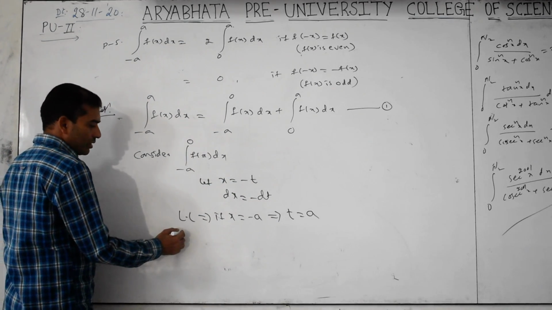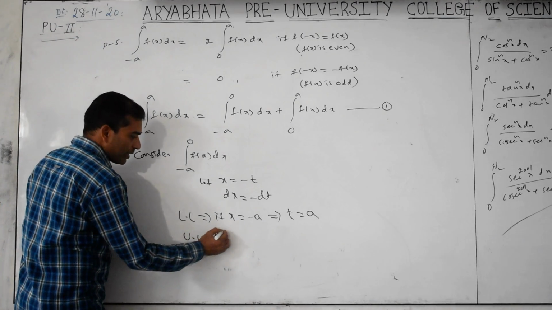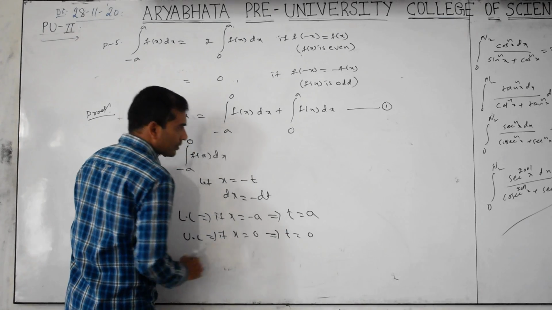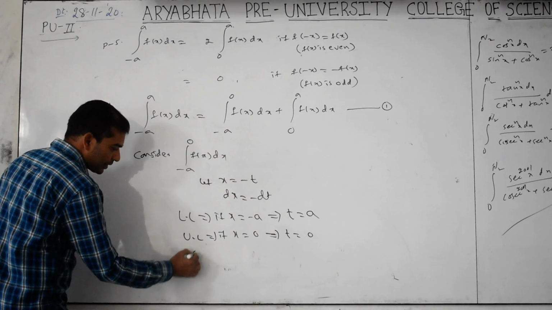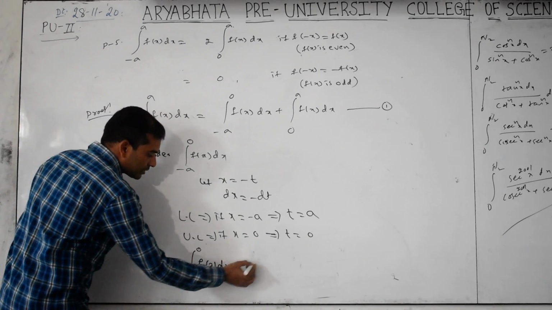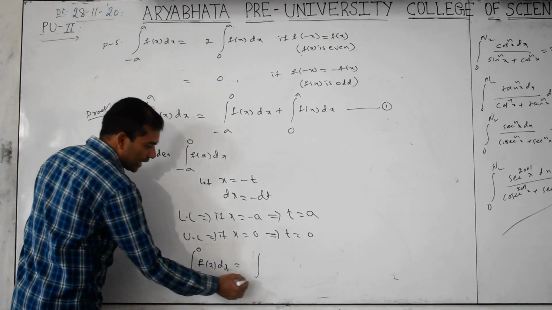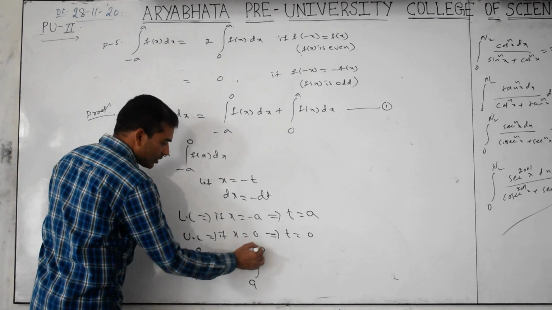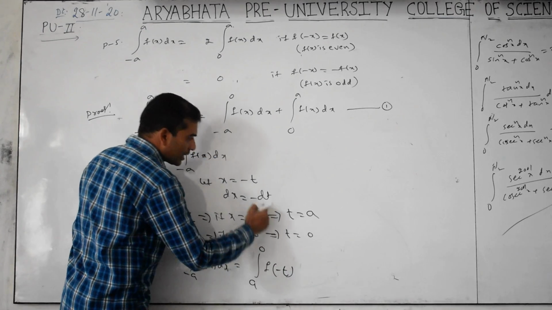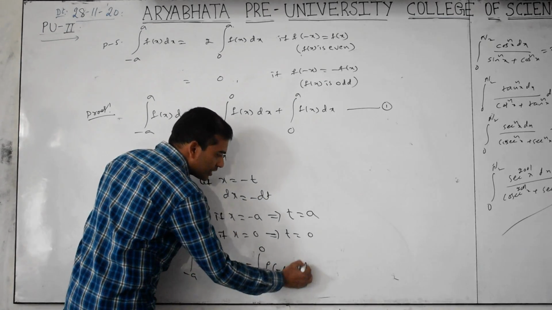Next, upper limit: if x is equal to 0, then t is also 0. Right? So integration of minus a to 0 of f of x dx equals, lower limit is a, upper limit is 0, f of x is f of minus t, dx is equal to minus dt.